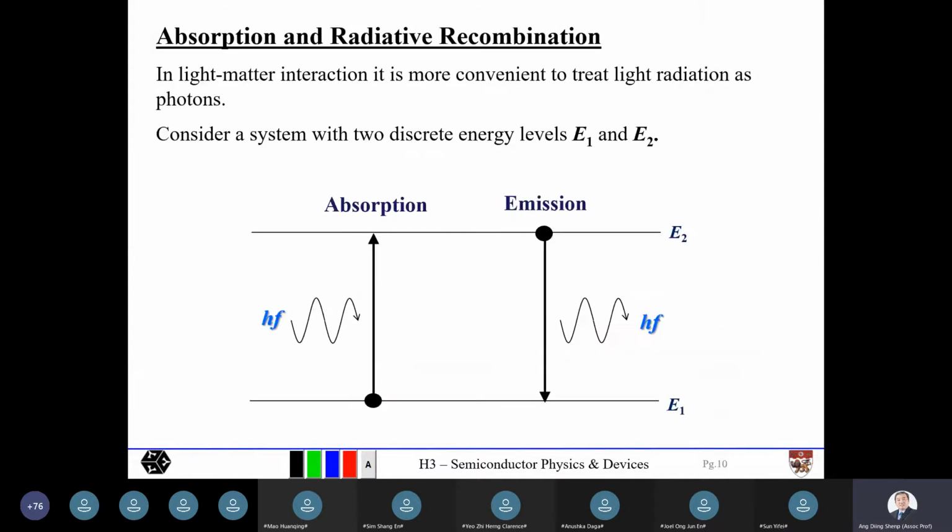The next concept I want to review is related to absorption and recombination. There will be quite a bit to discuss here, but some of them you already know from part 1. What does absorption of a photon mean in terms of semiconductors or quantized energy levels E1 and E2?